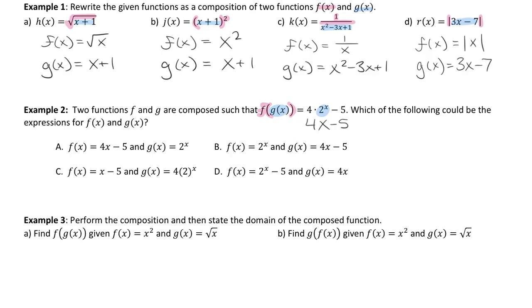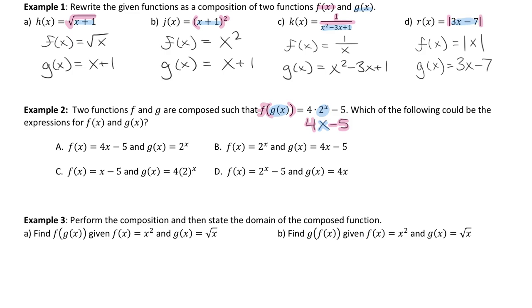But that x position, that linear function x, is where we put the 2 to the x power. In which case that means the inside function g of x is going to be this 2 to the x power, and the outside function is 4x minus 5. Because we've taken 2 to the x and plugged it in the other function.